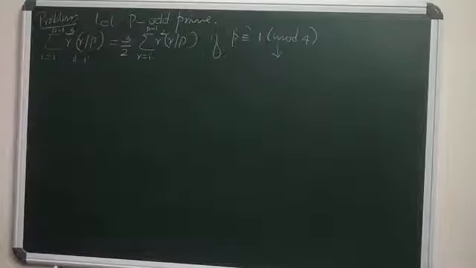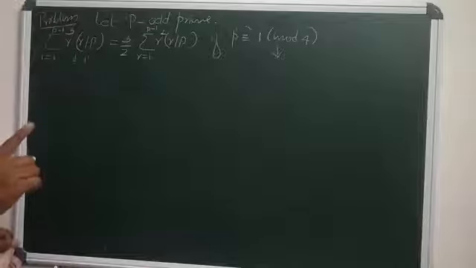This is our next problem. Let P be an odd prime; the sum of r cubed times (r/P) is nothing but 3/2 times the sum of r squared times (r/P) if P is congruent to 1 mod 4.